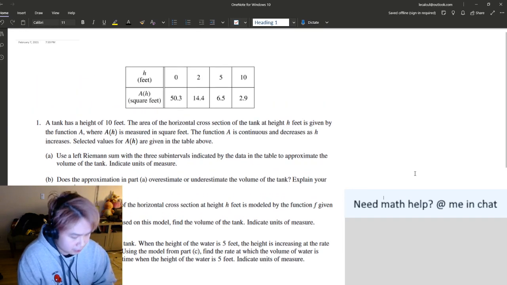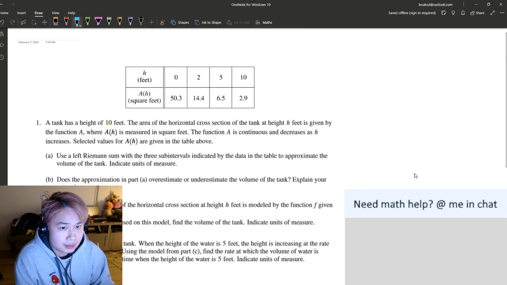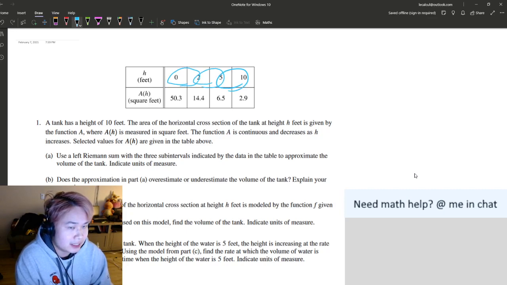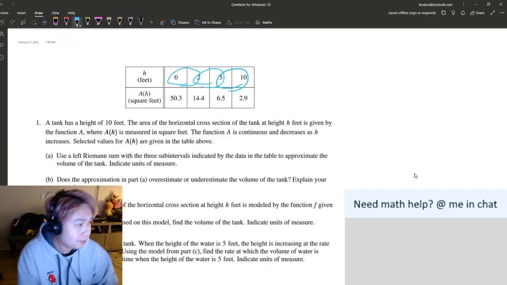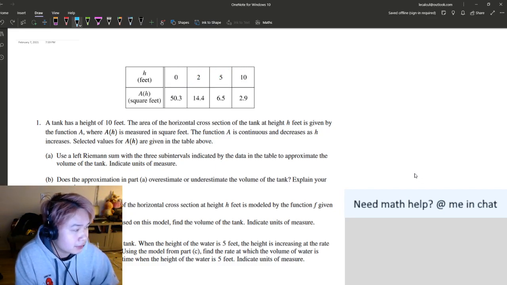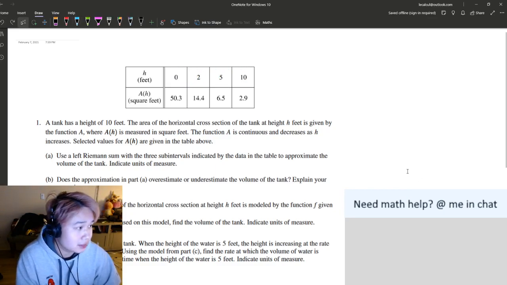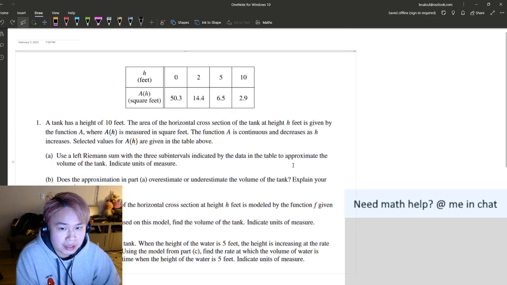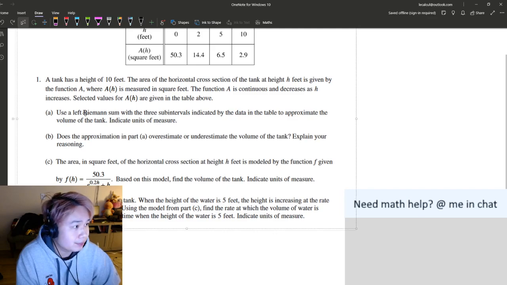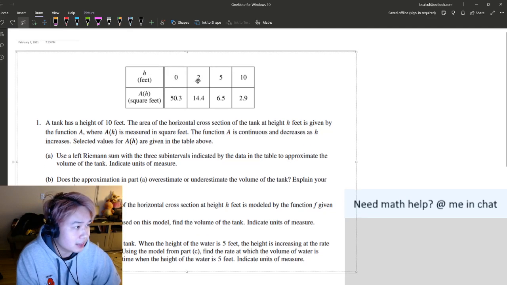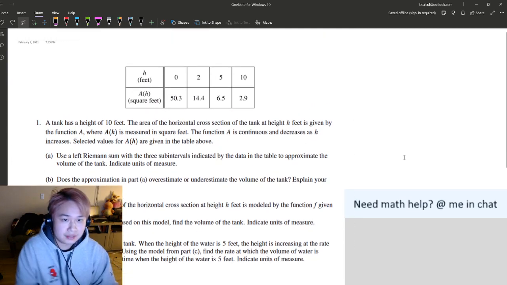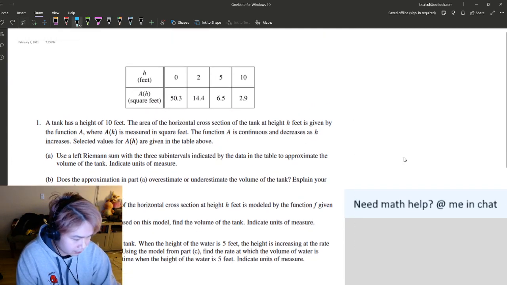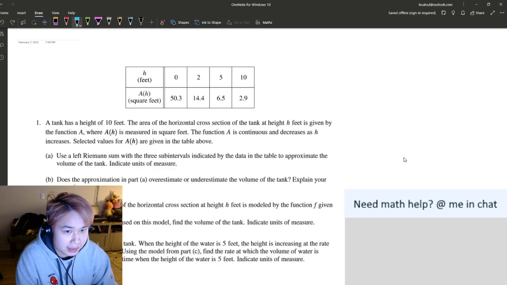So basically we have 3 intervals: from 0 to 2, 2 to 5, and 5 to 10. Those are our intervals for our Riemann sum, and we want to use the left Riemann sum, so we will be using the leftmost point for each one. First, let's find the lengths of the intervals.